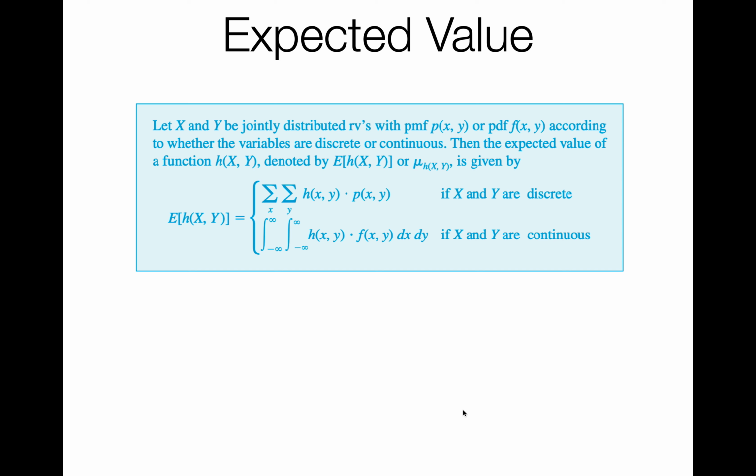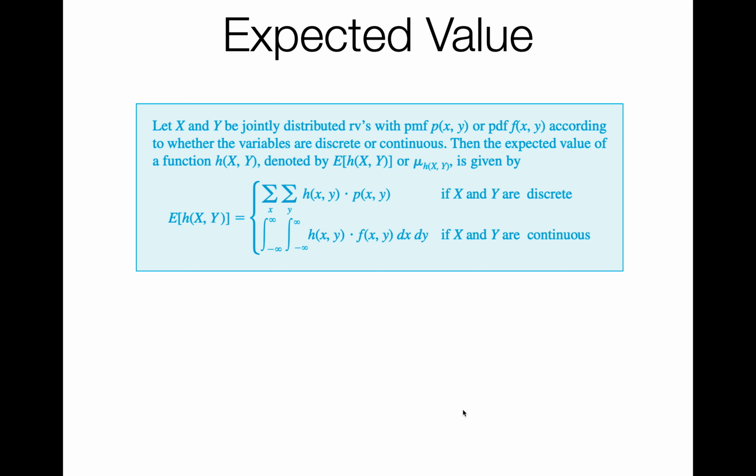When we get to the statistics part of this chapter, we're almost always going to be interested in some type of mean, and so the center is important, and so expected value is important. They give you here a general definition of not just the expected value of x and y, but it could be a function.